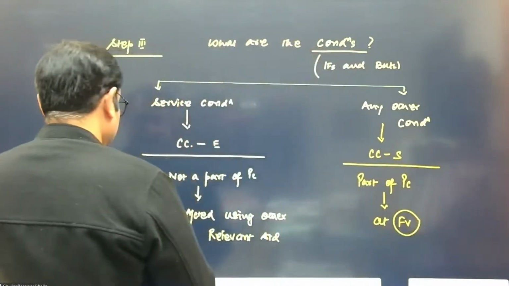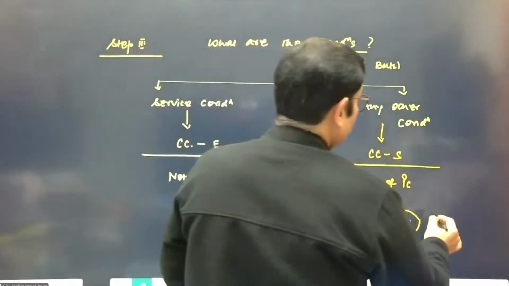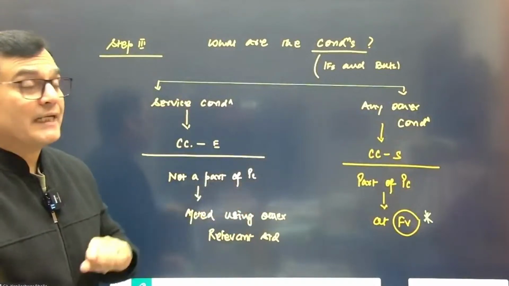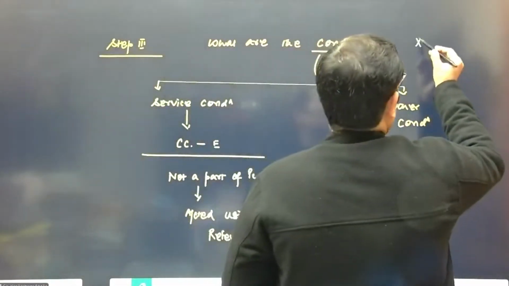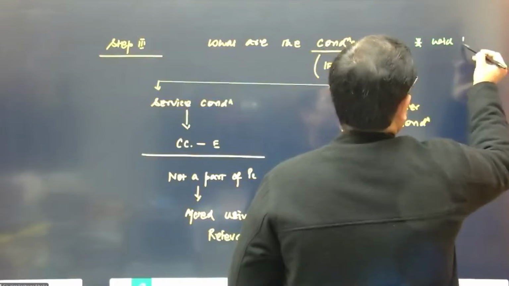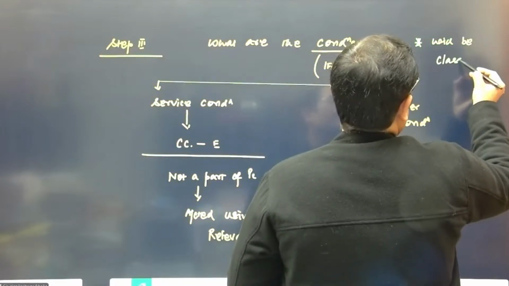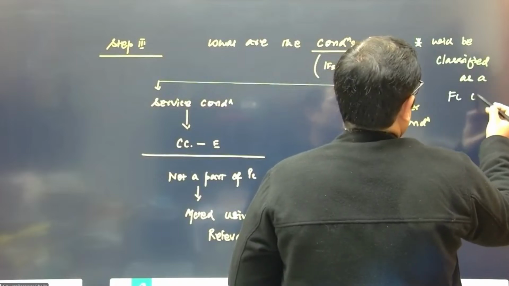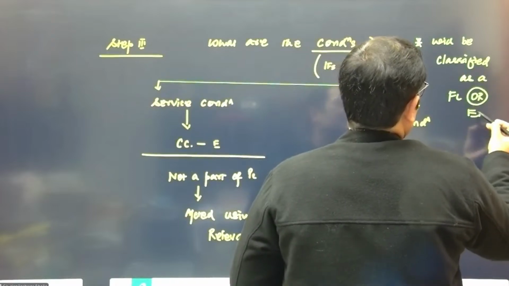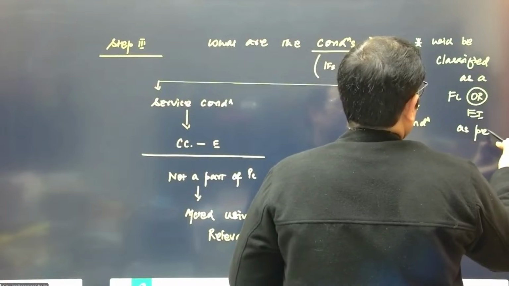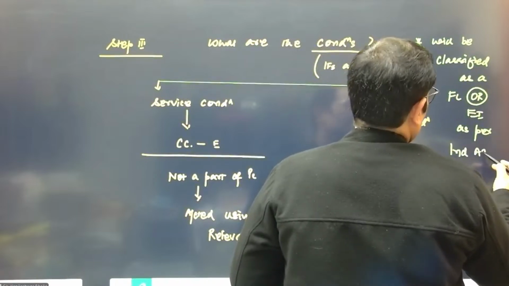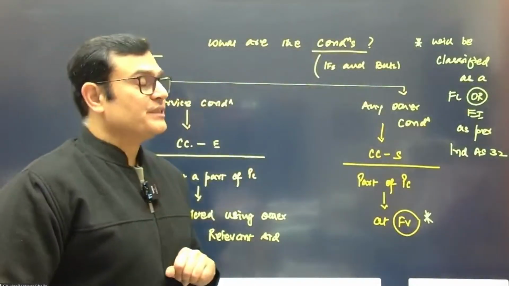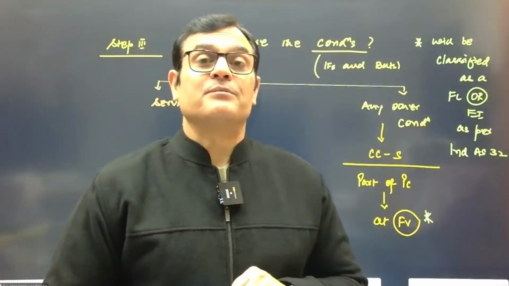So I will just like to make a mention that this contingent consideration, which is taken at a fair value, will be classified as a financial liability or equity instrument as per Ind AS 32. So you'll have to classify this as a financial liability, or you can say an equity instrument, in terms of Ind AS 32.